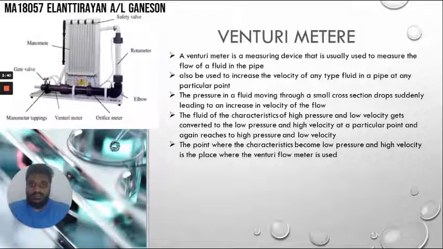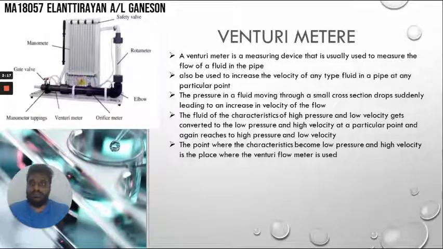The fluid, with the characteristic of high pressure and low velocity, gets converted to low pressure and high velocity at a particular point and again reaches high pressure and low velocity.